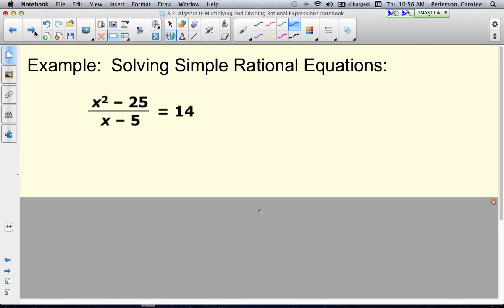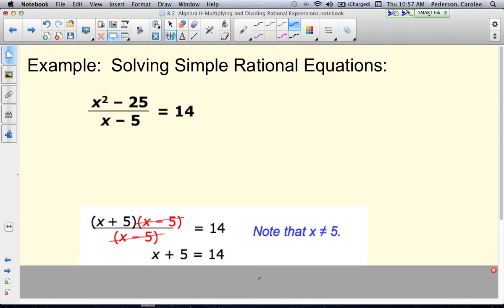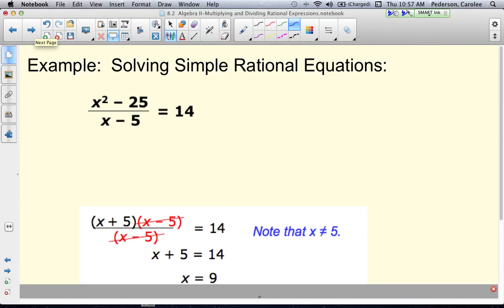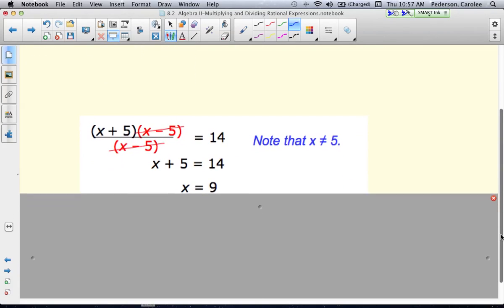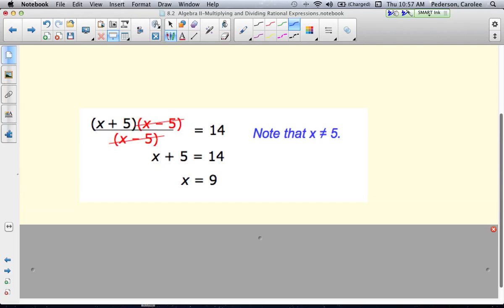How we solve these is by cross multiplication, and canceling. So I'm just going to show you the steps here quickly, and then I'll work through it. So we want to factor first if we can, and then cross multiply if we can't.